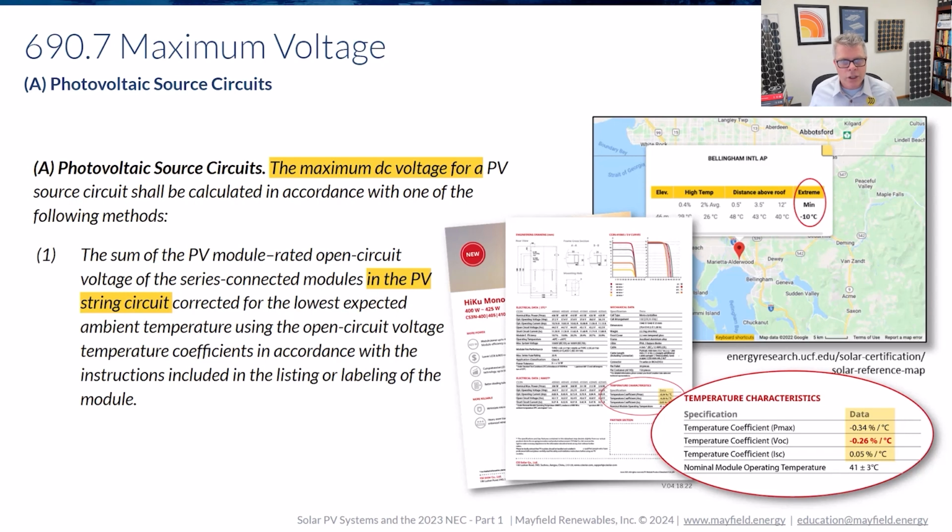So we found a location where negative 10 degrees C is the lowest expected ambient temperature. We have the module open circuit voltage from the spec sheet, and we have the temperature coefficient from that same spec sheet.